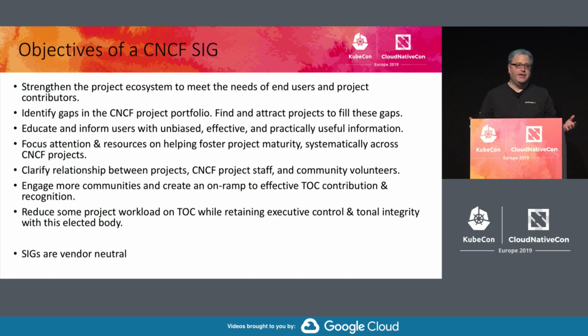And the number of projects that have been added to the CNCF and need attention and help and coordination has been growing. So the idea behind the SIG is that this helps the TOC, which is the Technical Oversight Committee that manages these projects in the CNCF. It allows them to scale.